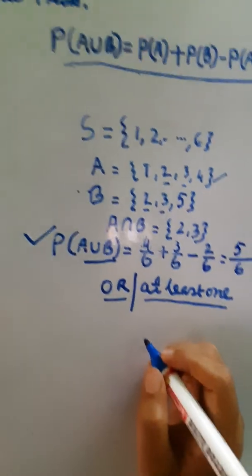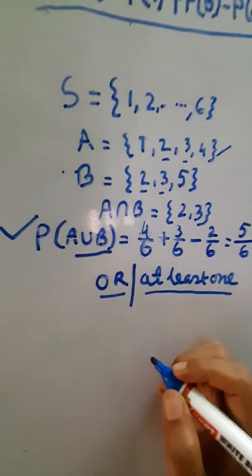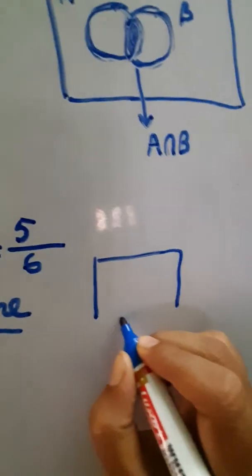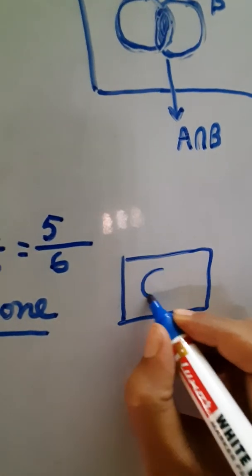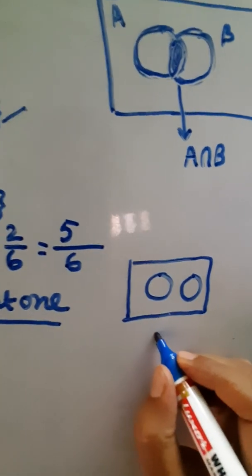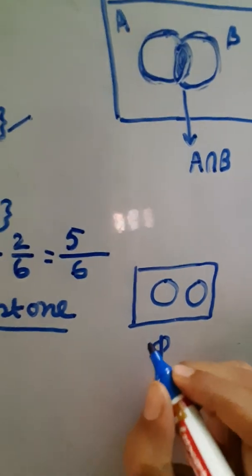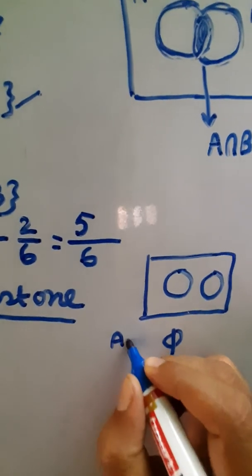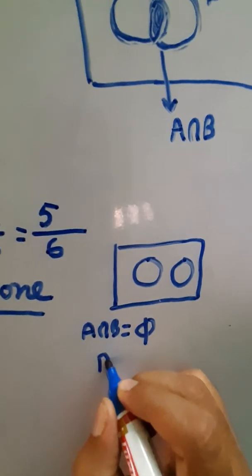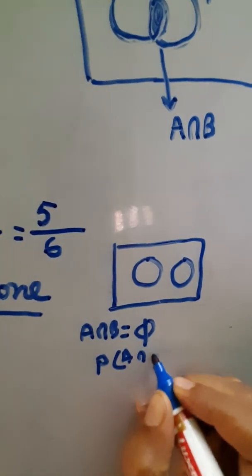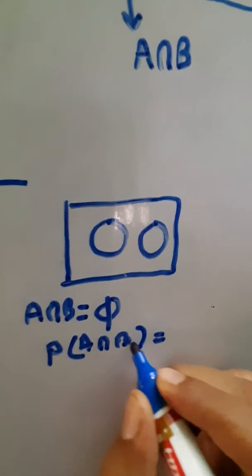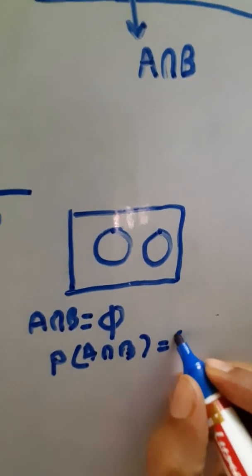A particular case of this formula is when the two events are mutually exclusive, that is, they have no common part. Like that, you can see I am drawing here A and B have no common part. Then obviously their intersection part is phi, that is A intersection B is phi, a null set, so the probability will be 0.